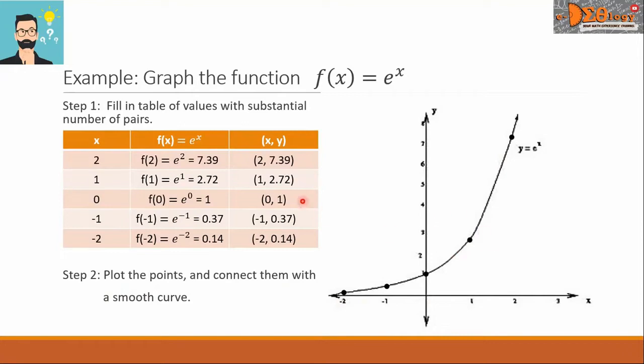The point 0, 1 is here. The point negative 1, 0.37 is here. And the point negative 2, 0.14 is here. And we can see the smooth curve. And this is our final answer.